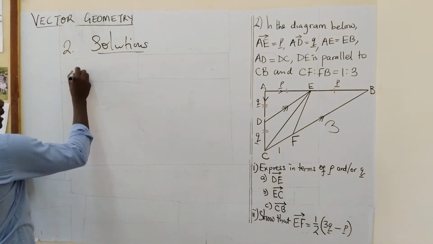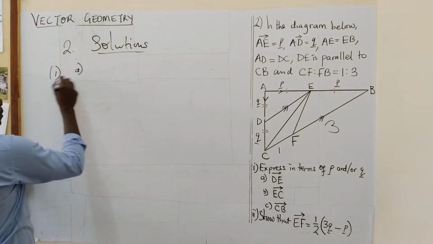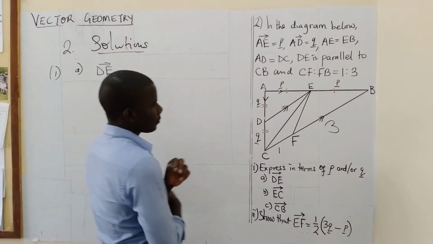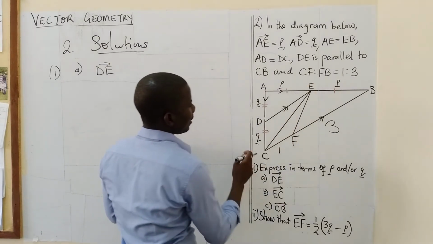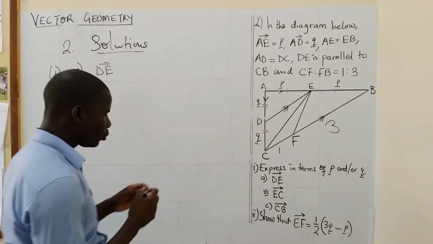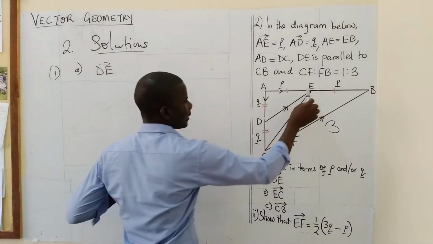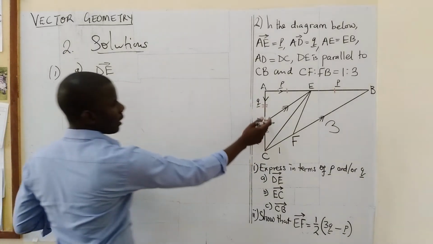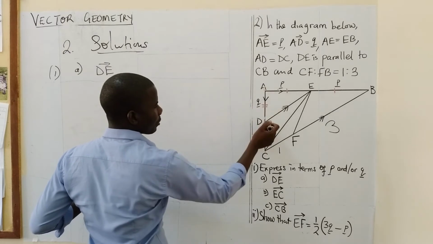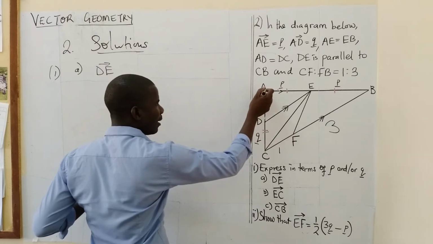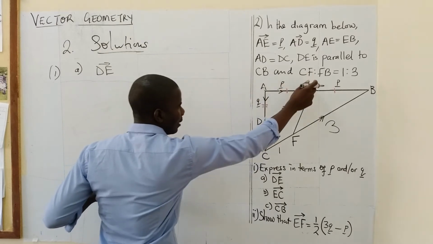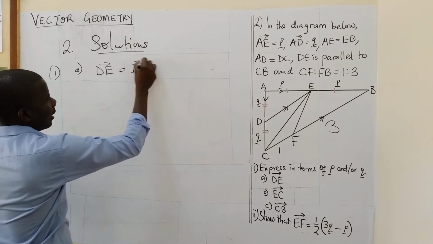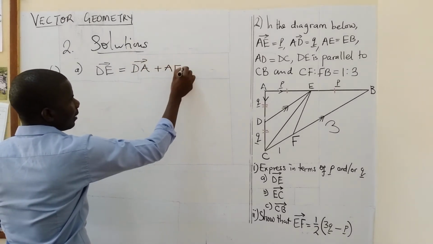The first one, which is our A, is DE. How do we move from D to E using those vectors that have magnitudes? If you look at this one, we need to go this way, which is DA plus AE. So DE is equal to DA plus AE.